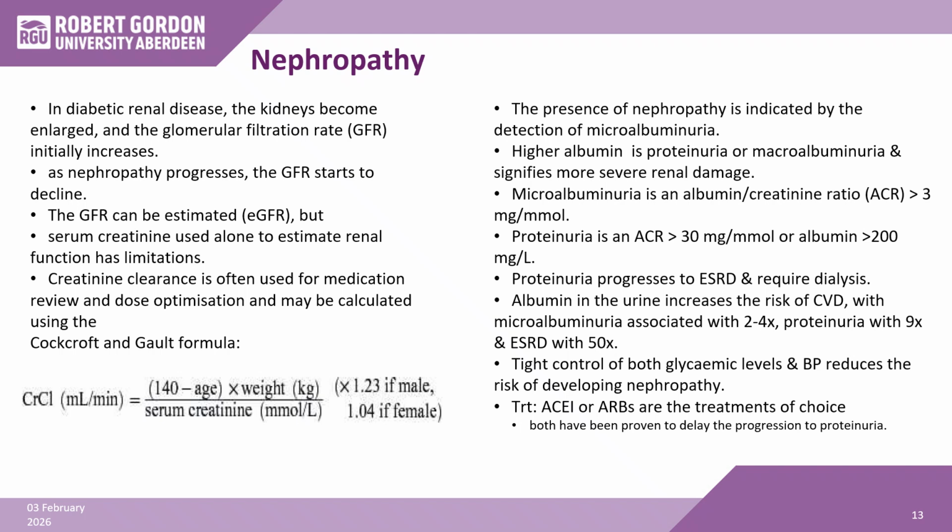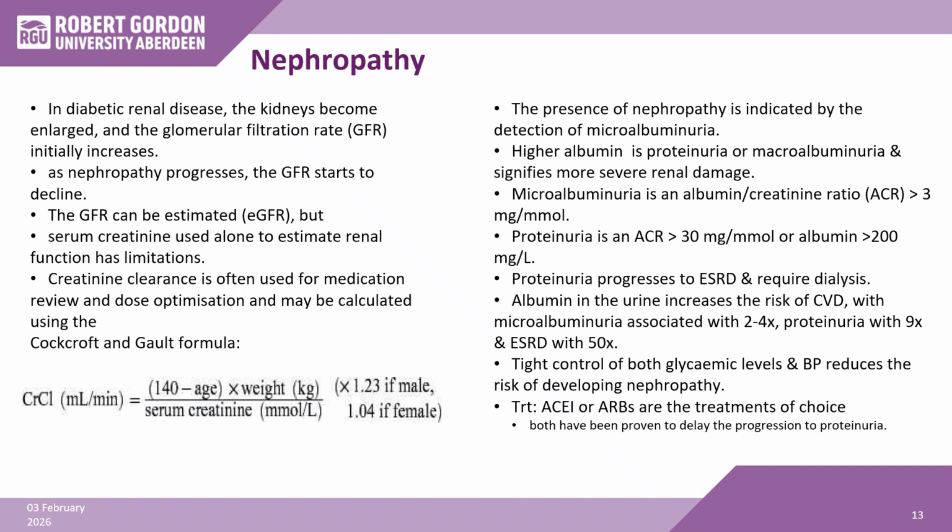Proteinuria progresses to end-stage renal disease and may require dialysis. Albumin in urine increases the risk of cardiovascular disease, and both microalbuminuria and proteinuria are associated with end-stage renal disease.